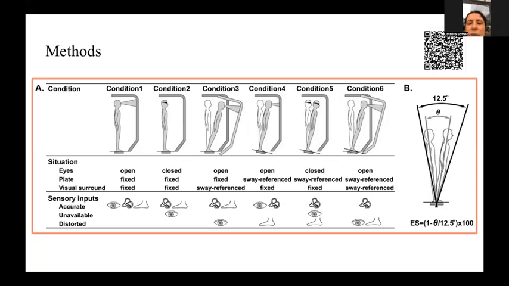And we have closed eyes in the sway reference surface, and for that, only the vestibular system can stay entering and allowing the postural balance. For that, we compare the postural balance with an inverted pendulum model that can show us that the patient is oscillating, swaying more or less, in the force platform.